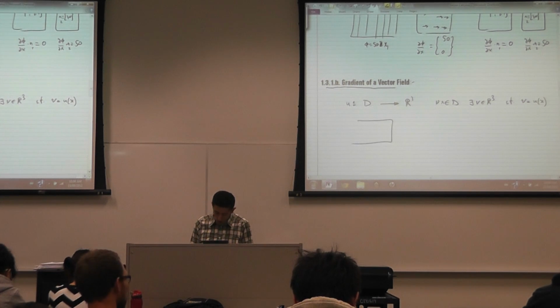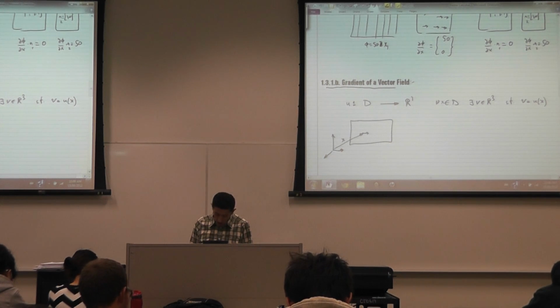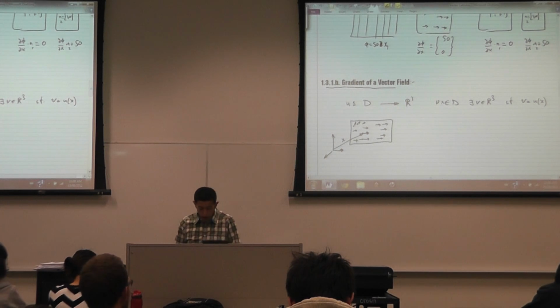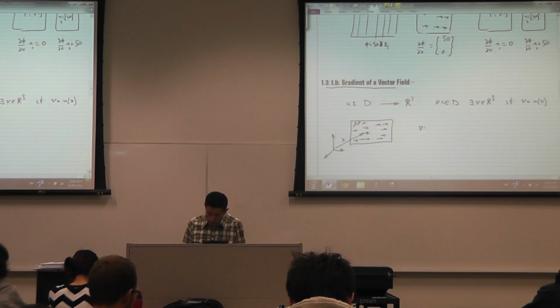Or in other words, at any point x, I have a vector here, so I have lots of vectors, it's a vector map. The gradient of u is defined as follows.